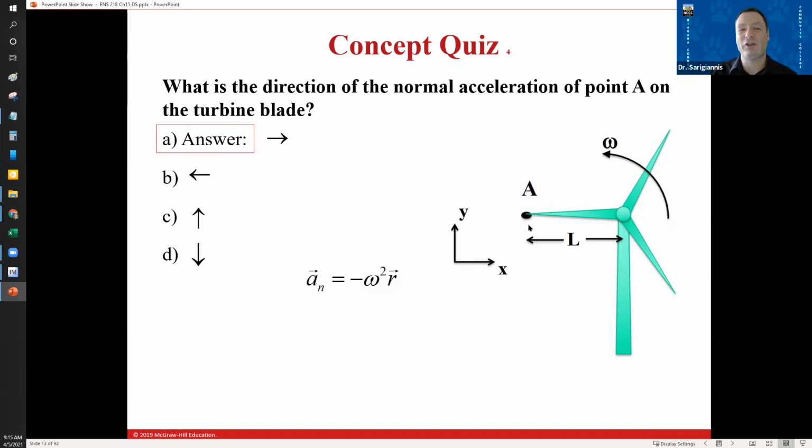This is the one that confuses people, because we always think about, say, driving in a car and taking a curve, or spinning around on one of those rides at the park where you stand up against the wall and it spins you real fast, and you feel like you're being pushed outwards. But the normal acceleration is defined as in towards the center, because what's happening is this is keeping that point in position, so the acceleration is directed inward.